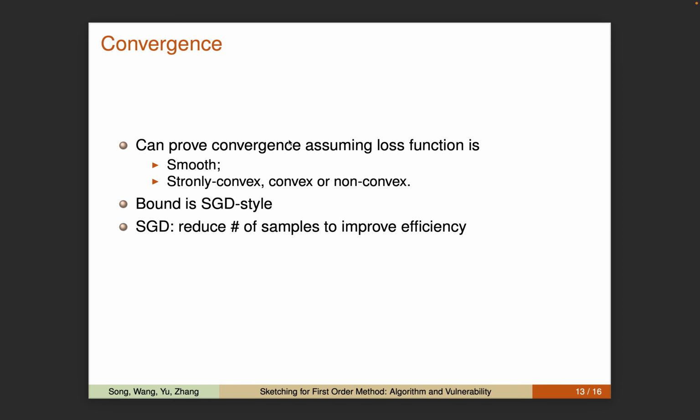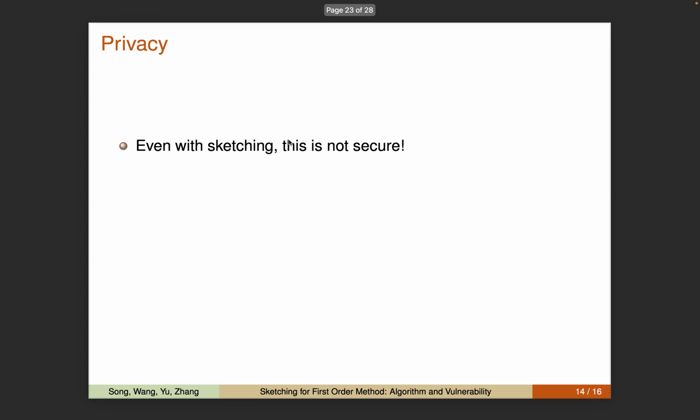Why do we have an SGD-style bound here? It actually makes a lot of sense. With SGD, you reduce the number of training samples to improve the training efficiency. What we have done here is reduce the dimension of vectors to improve the communication. So our method should be treated as a dual for the SGD algorithm.